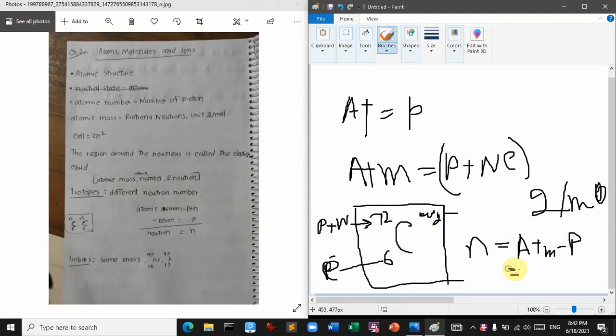What we get as the answer is the number of neutrons that atom has. Those are some terms, and in the exam a faculty will give us an option like 12 and 6, and tell us to find the electron number, neutron number, or proton number. Those types of questions are going to arise.